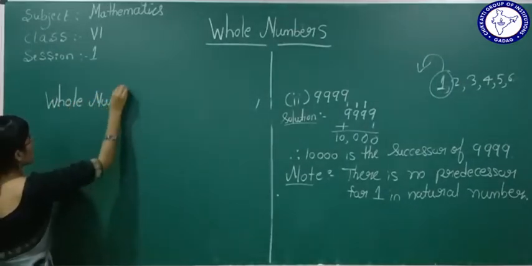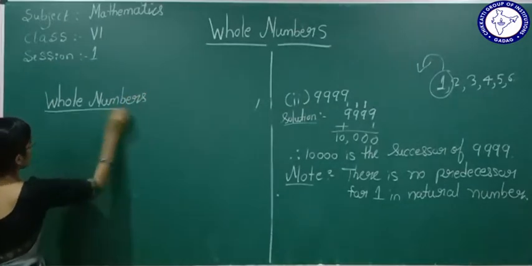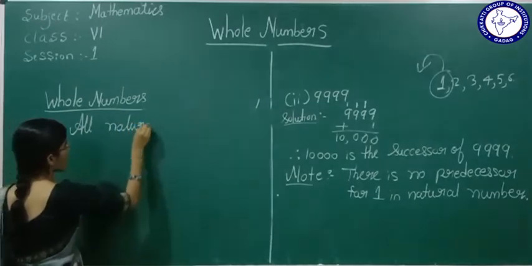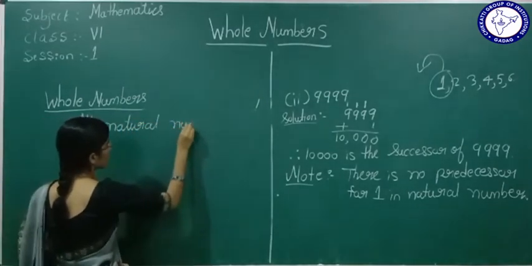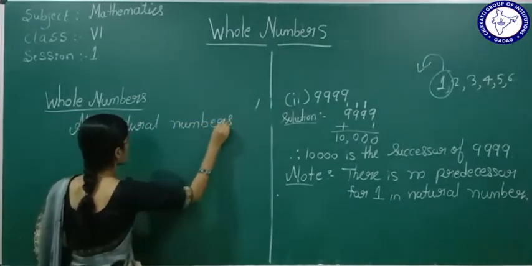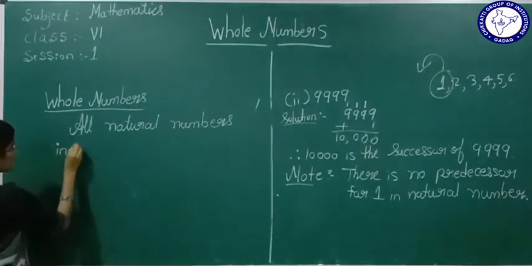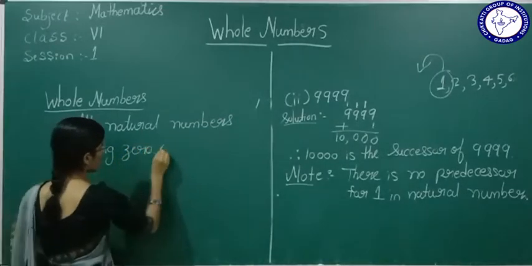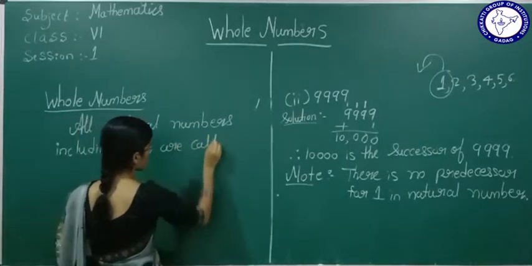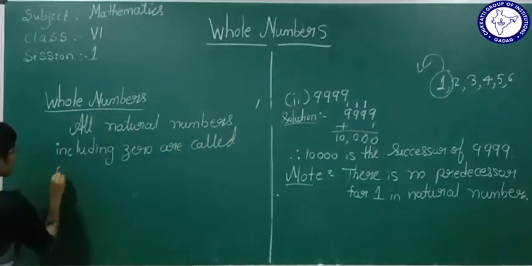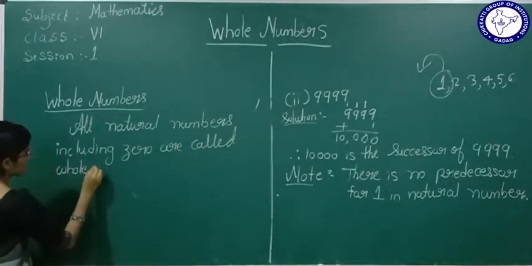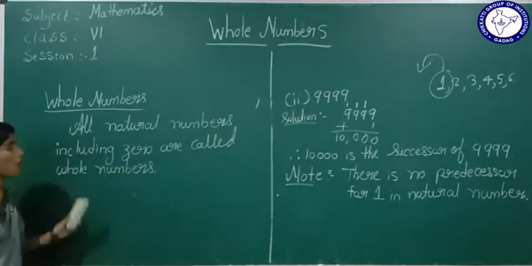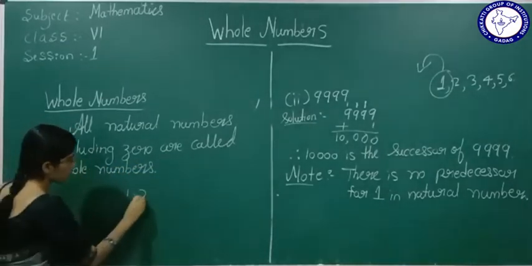Whole number. All natural numbers including zero are called whole numbers. All natural numbers will start from 1.